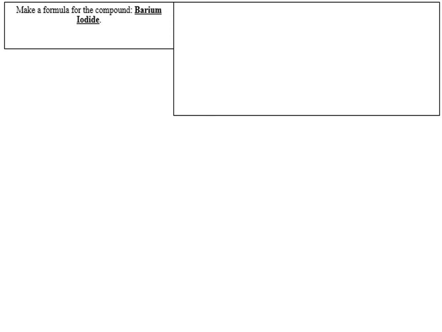So I'm going to do this one a little bit quicker, skipping some steps. Barium has a charge of +2. It's in the second group. It's going to lose 2 valence electrons. Iodide is in group 17. It's going to gain 1, so -1.